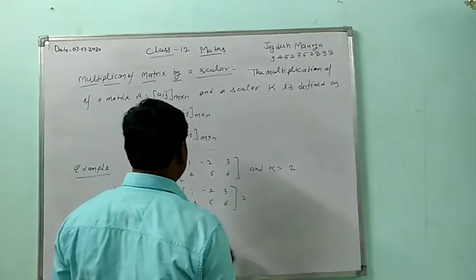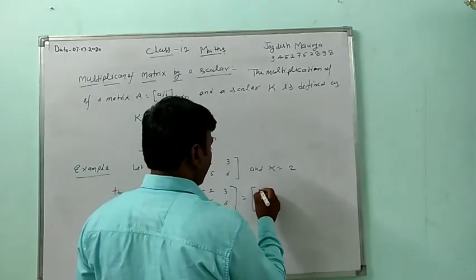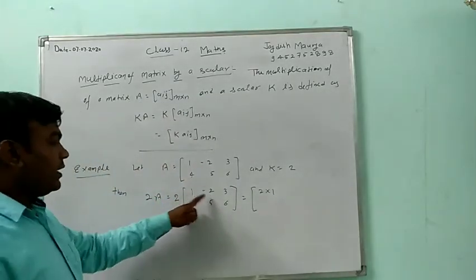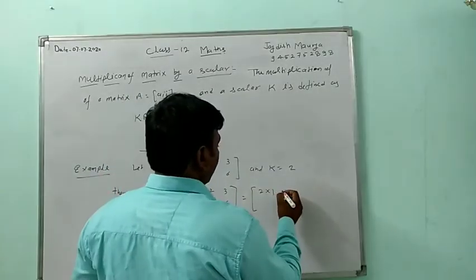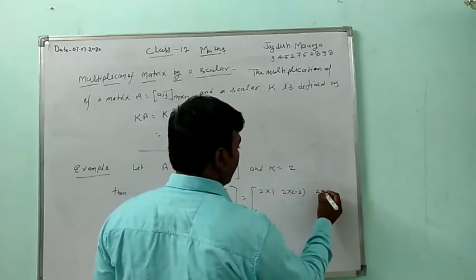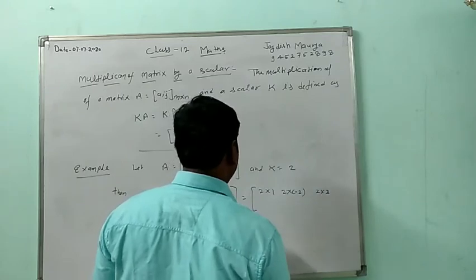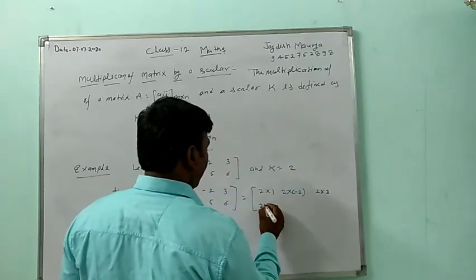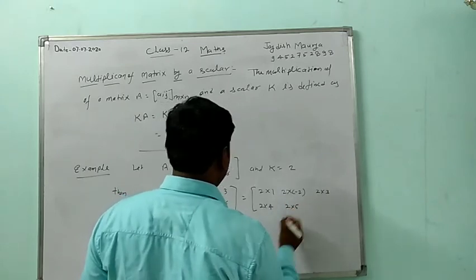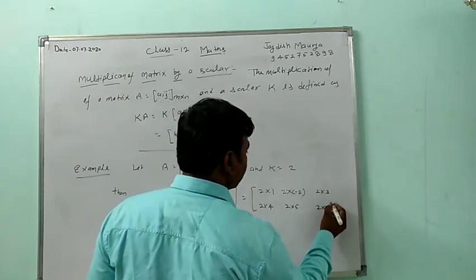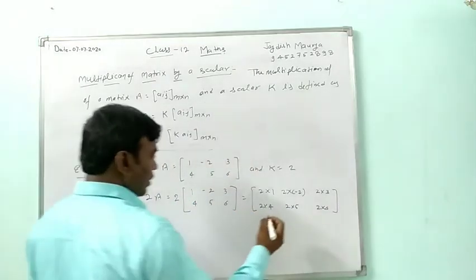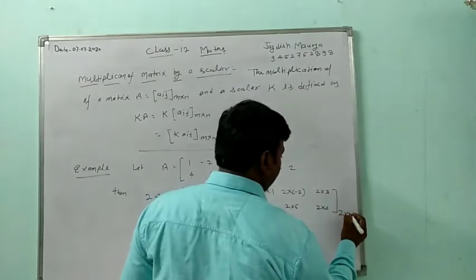This will come 2 into 1, multiplying each element by 2, 2 into minus 2, 2 into 3, 2 into 4, 2 into 5, 2 into 6, of 2 by 3.